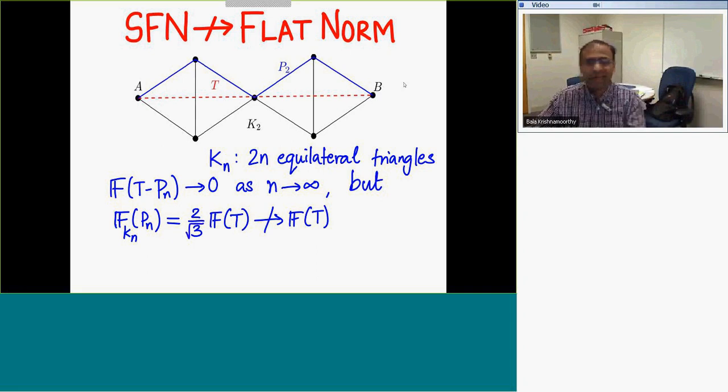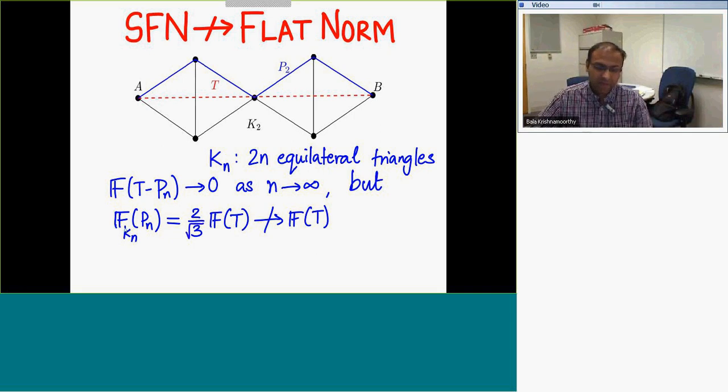The flat norm of T is just the length of the line segment AB, which we are keeping fixed. So we can make finer and finer approximations, but you would still get this 2 over root 3, which is just the ratio of the length of the hypotenuse to the altitude here, or base, whichever way you want to think about it. So the flat norm does not converge to the continuous flat norm.